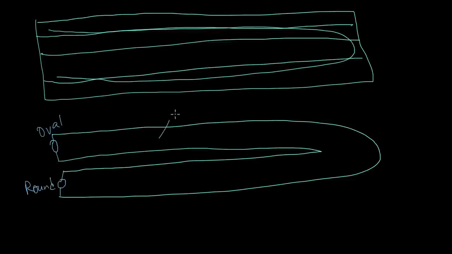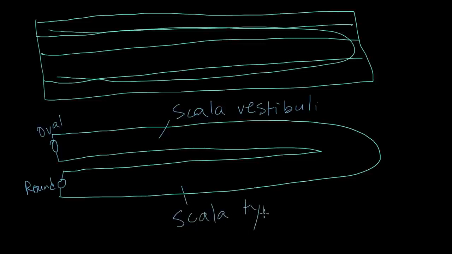So this upper chamber is called the scala vestibuli, and this lower chamber is called the scala tympani. And this middle chamber here is called the scala media. And as you can see, the scala vestibuli is continuous with the scala tympani.